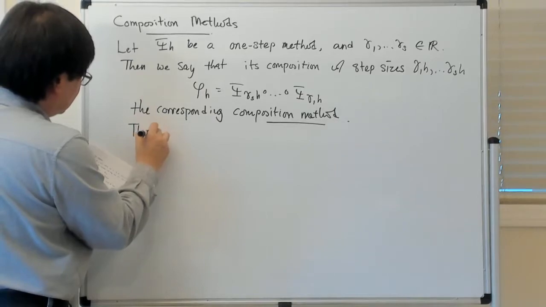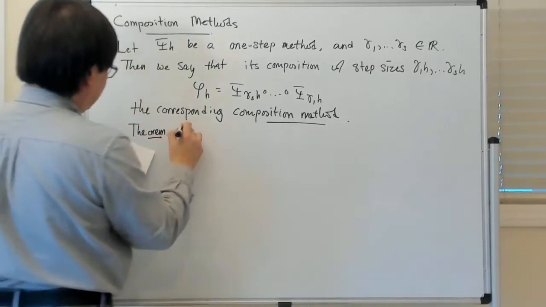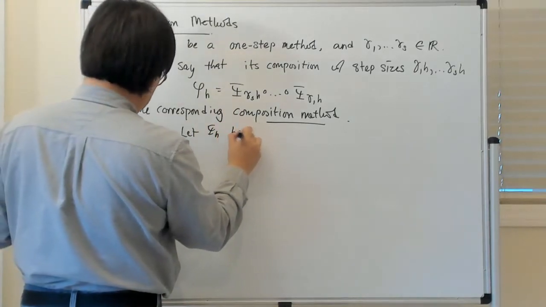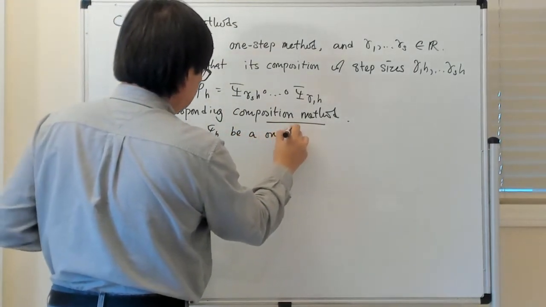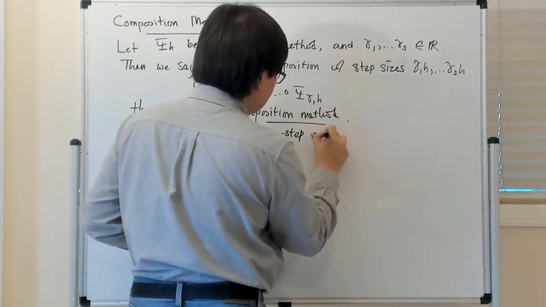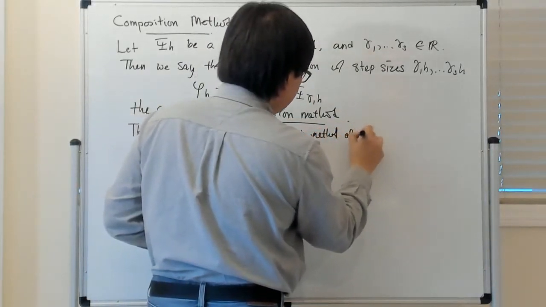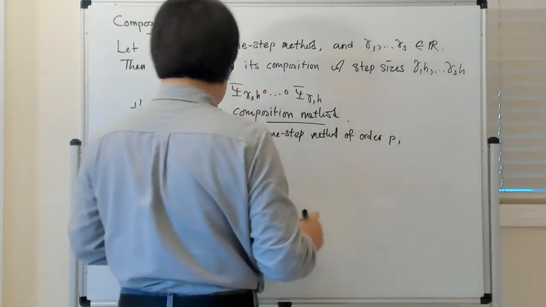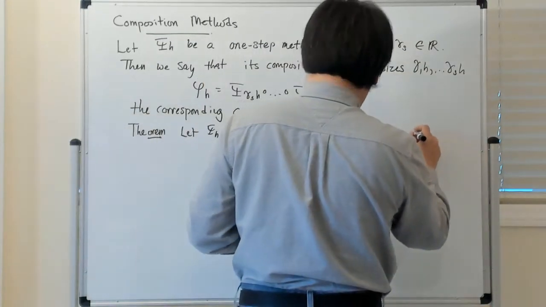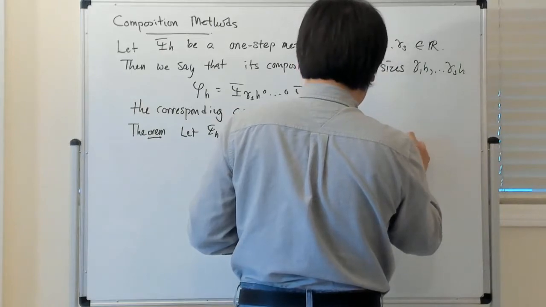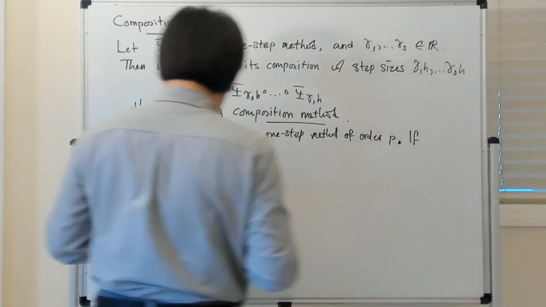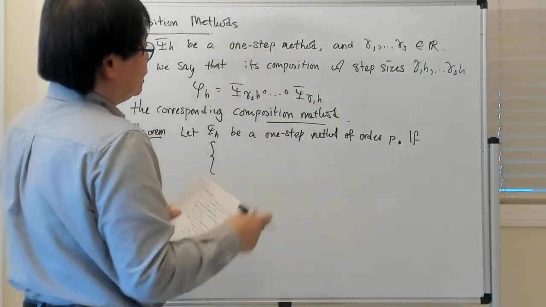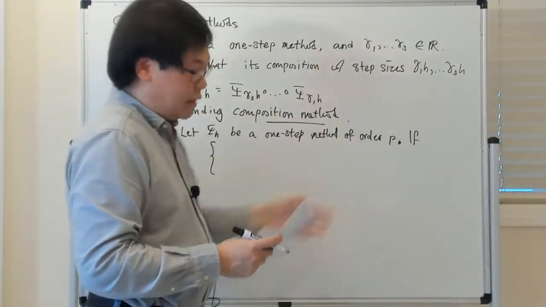So the theorem is as follows: if you have a one-step method of order p, and then you consider the following type of composition, you want to impose conditions on the gamma 1 to gamma s.